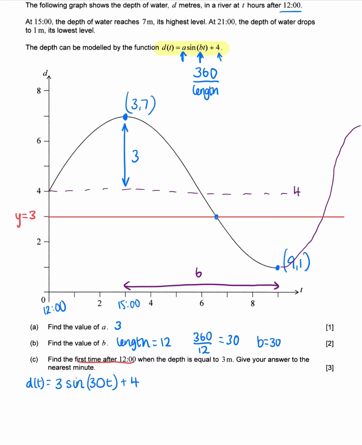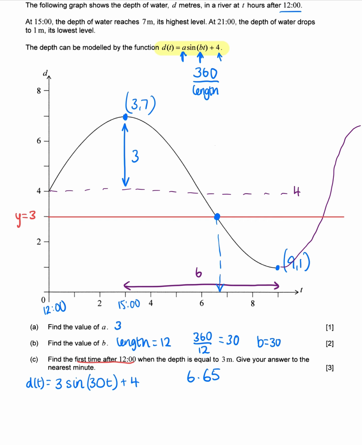So that is the first intersection. So we're going to go to second function, trace, intersection. And from there, we can find the value of x, or the value of time, which is 6.65.